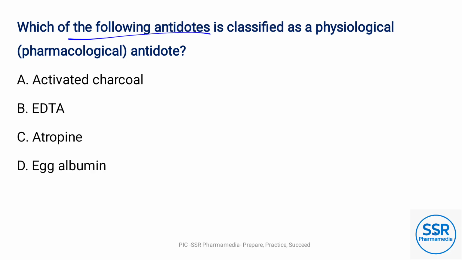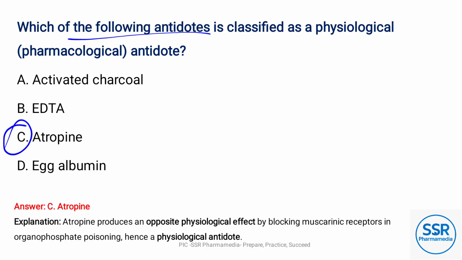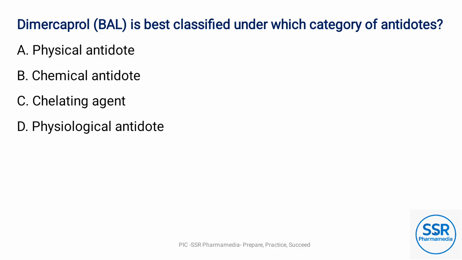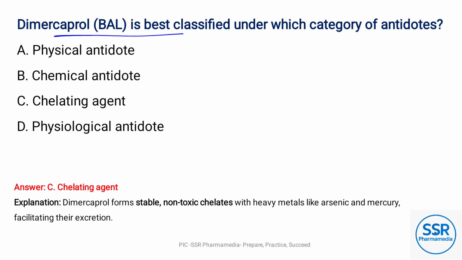Which of the following antidotes is classified as a physiological antidote? So option C, atropine. Dimercaprol is best classified under which category of antidotes? Option C, chelating agent.